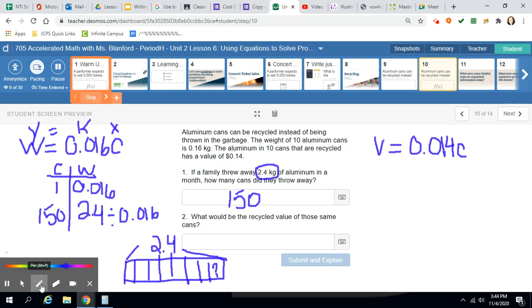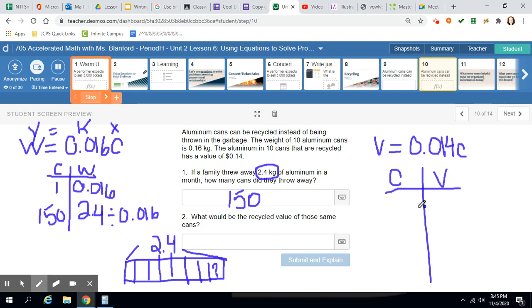All right. So let's see what else they want us to find out. What would be the recycled value of those same cans? Okay. So now I think we're going to be using this, right? Because we want to know the value. This reminds me of my table here. We had the value and the number of cans. We knew one can is worth a penny and then a little bit more, right?